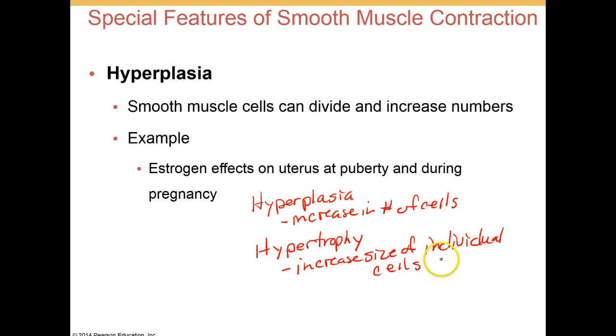So once again, you could increase the size of an organ by hypertrophy, increasing the size of the cells. The uterus, for example, gets larger due to hyperplasia. Your skeletal muscle as an organ will get larger due to hypertrophy, increasing the size of individual cells.